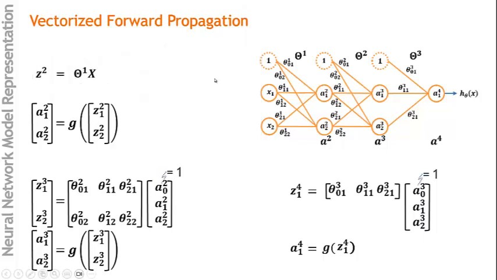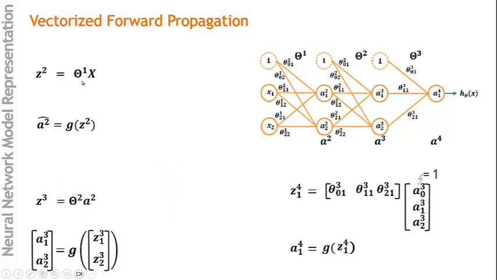Okay. Now we can simply represent the matrix that was here by the symbol that represents the entire matrix. Here X is the vector of input features, and then the output A2 is just G applied to this linear combination. Right?